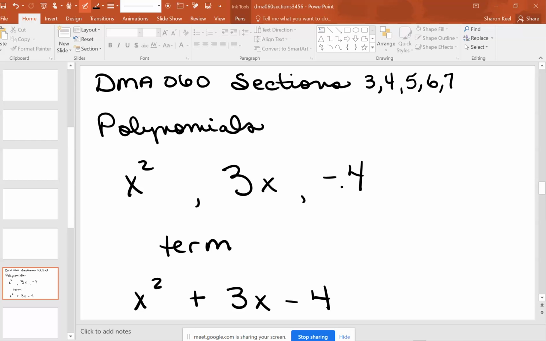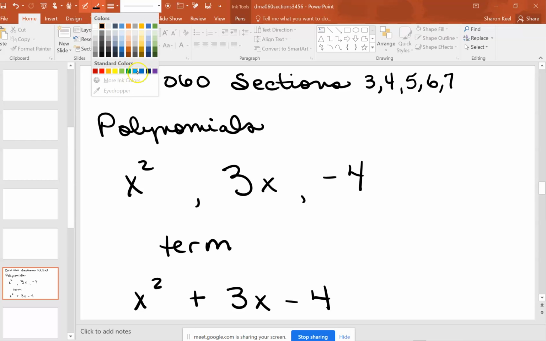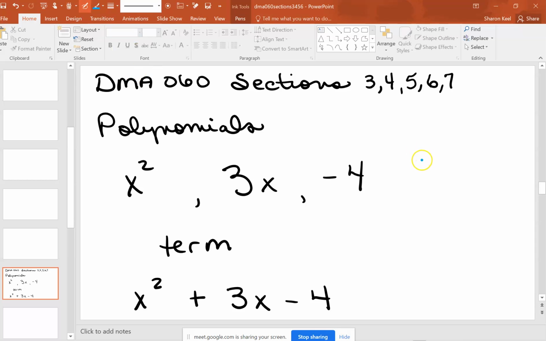Another word that we will be looking at is the word coefficient. The coefficient is the number of the term. For example, for this first term, there's not a whole number here.